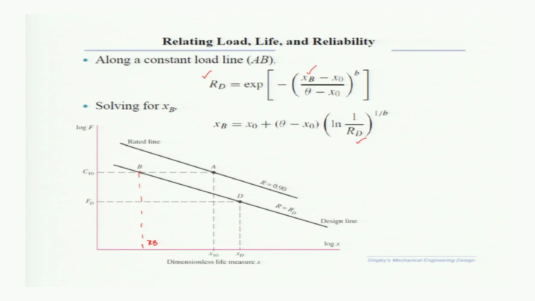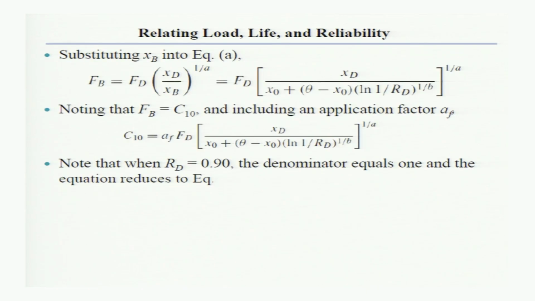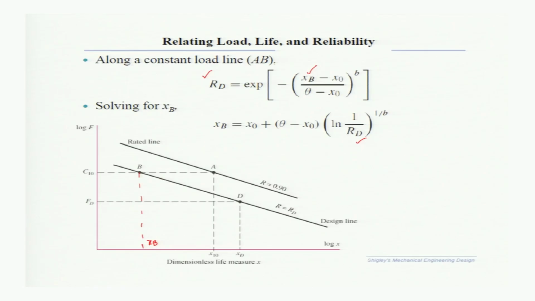Okay. Knowing the value of XB, now we will use the earlier equation of the constant reliability line. FB is equal to FD divided by (XD divided by XB) to the power 1 upon A. Now, here this will be XB and XD, and XB we have just derived in the previous equation.